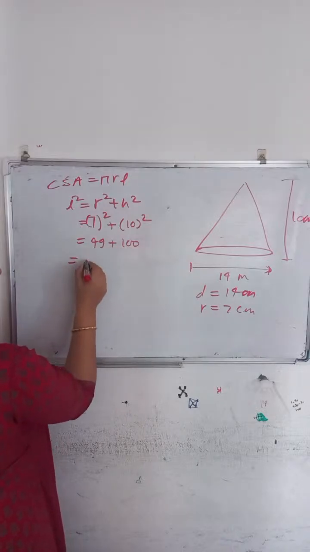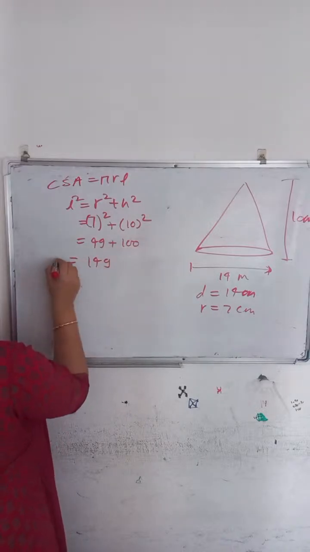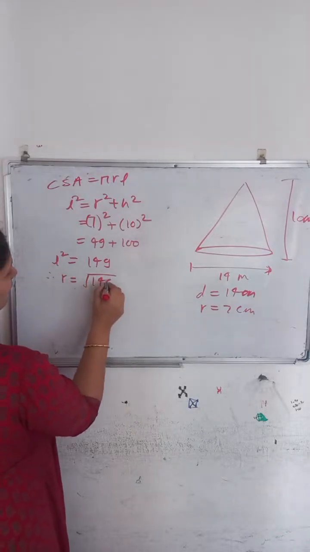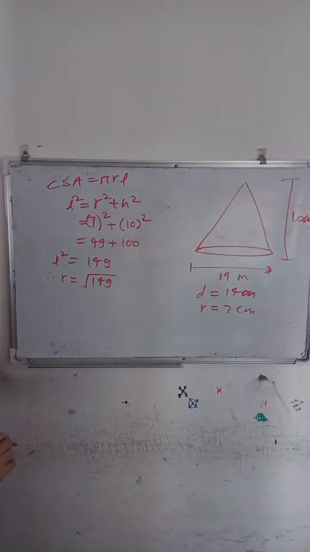That is nothing but 149, L square. Therefore L is square root of 149. Did everyone get L square like this? Can you get this?